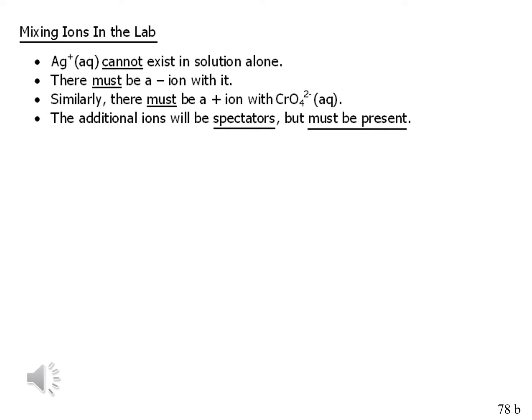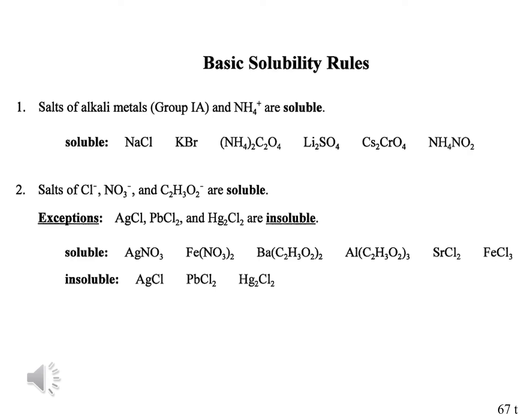Now the other ion, chromate, we also have to get into solution by putting a positive ion with it. What would you expect would be a good positive ion? Well, in this case, if you look at solubility rule 1, it says that any salts of alkali metals or ammonium are soluble. So you could pick any of the ions from group 1, and it would make the compound soluble.